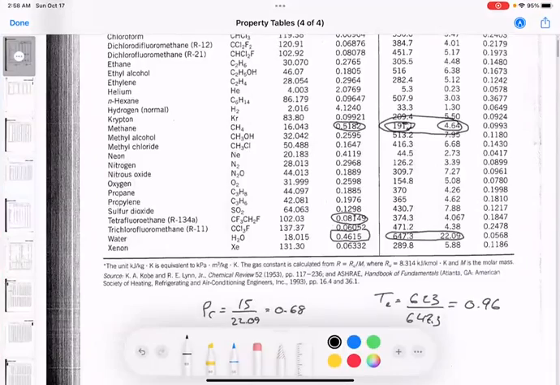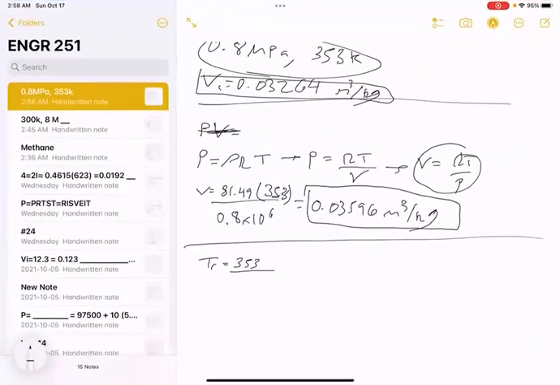And if I go to R134A, I see it's 374.3. And since this value is getting very close to 1, we can see that we're going to have problems if we use the ideal gas law. And this value is indeed very close to 1. It's 0.94.